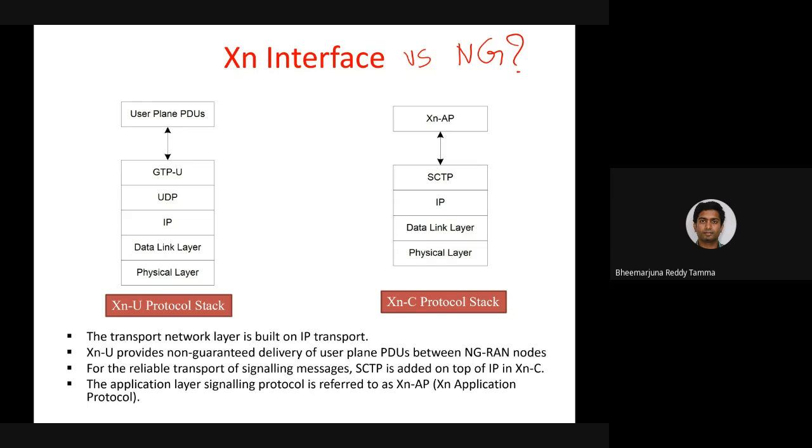So what do you make of it? Are you able to follow me? What I'm asking is a very simple question. Is this Xn interface the same as the NG interface, or does it look different from the NG interface?